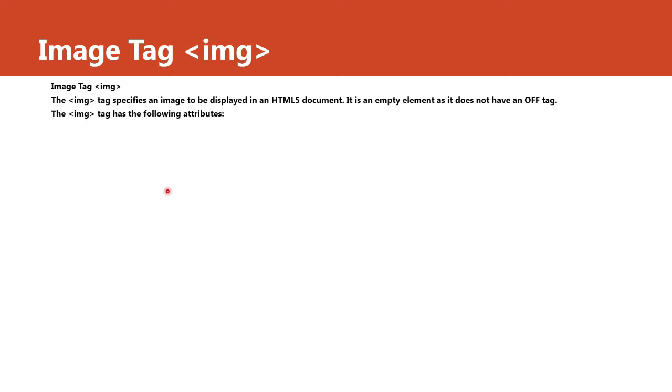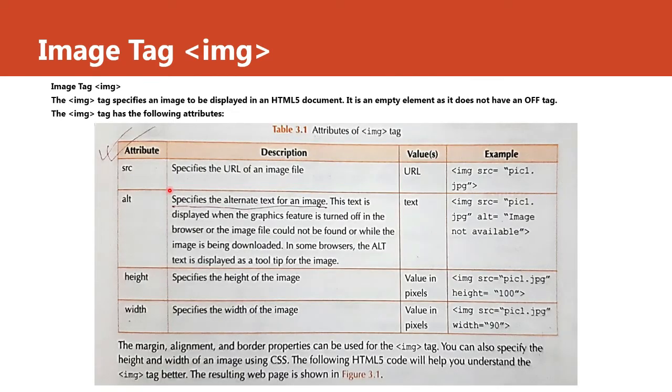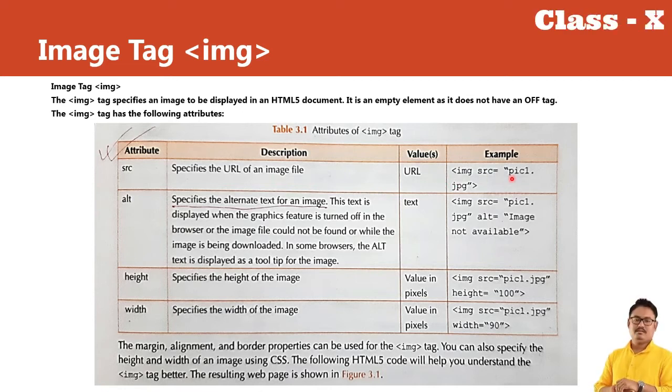The attributes to use the IMG tag to insert an image on the HTML document. Now you should know the following attributes of the IMG tag, which are SRC, which specifies the URL of an image file. Example, IMG SRC is equal to picture 1.